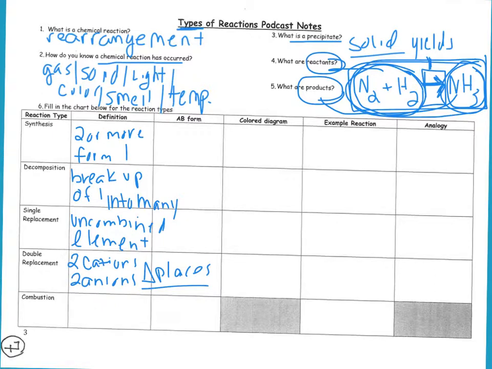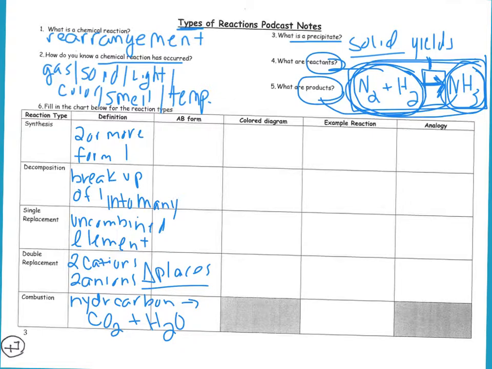And then a combustion reaction involves what we call a hydrocarbon that will usually react or burn to form some sort of gas, and it's usually carbon dioxide and water. Okay, so that is a combustion reaction typically, and they have AB forms.